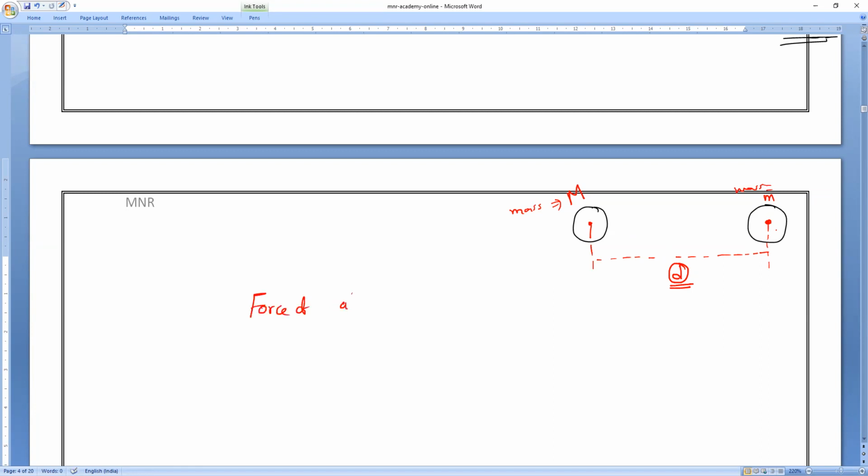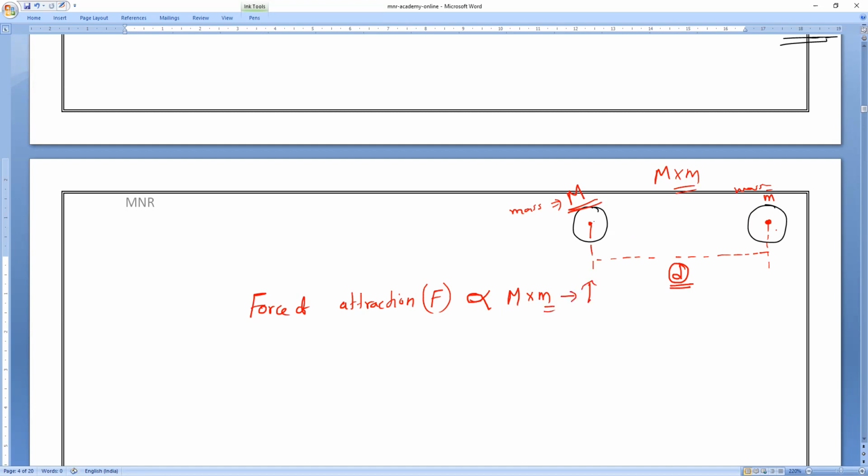The force of attraction present between these two bodies is directly proportional to the product of their masses, meaning multiplication. If you multiply m into m, the force of attraction is directly proportional to their masses.